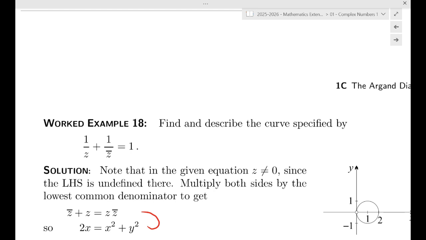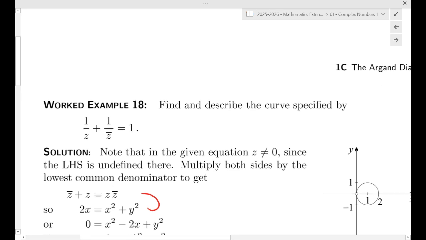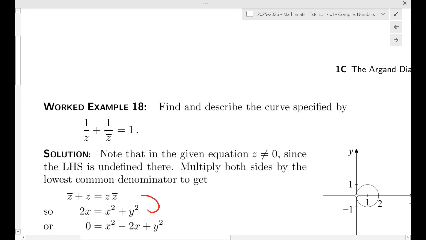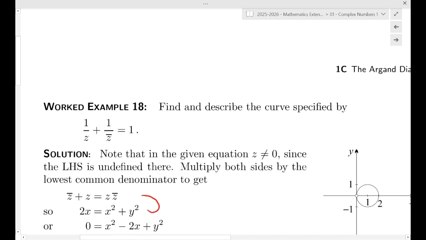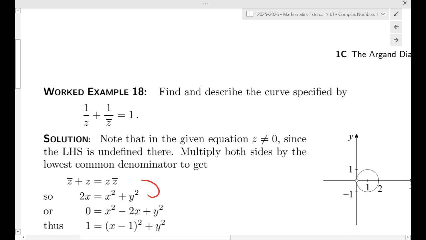And then we've already done that sum of two squares from the previous question. Equals 0.